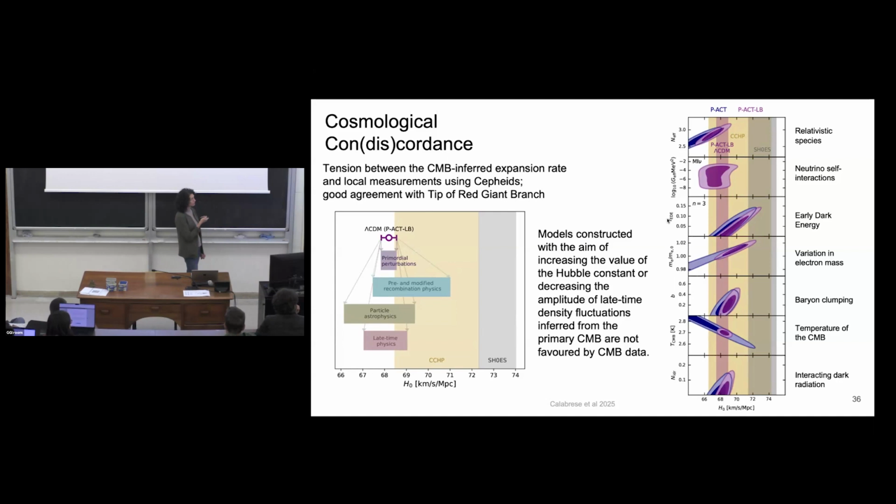If you did this for Planck or for previous ACT results, these boxes were much broader. So those models were potential solutions, or would have allowed you to get closer to the gray band, but that's no longer the case for ACT. And all the 2D correlations in parameter space that allowed you to move in that direction are also cut out with this new analysis.